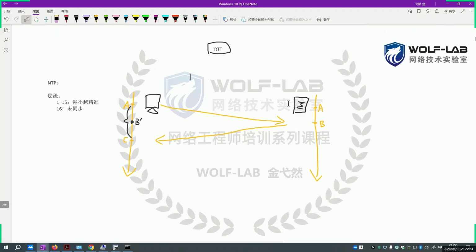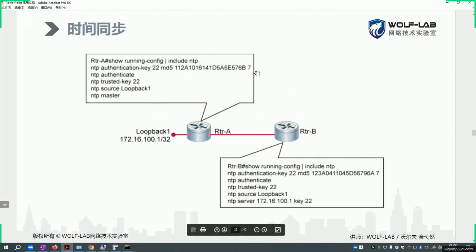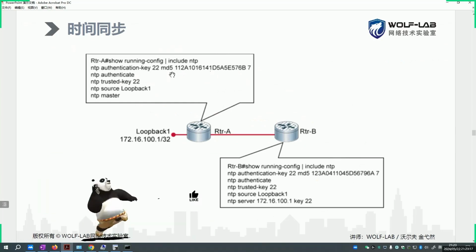Simply put, both parties need to configure a key. What is this? It involves a key, namely a key-based hash, which is HMAC. It uses HMAC for authentication. So, with this, we can ensure the security of NTP through this authentication.